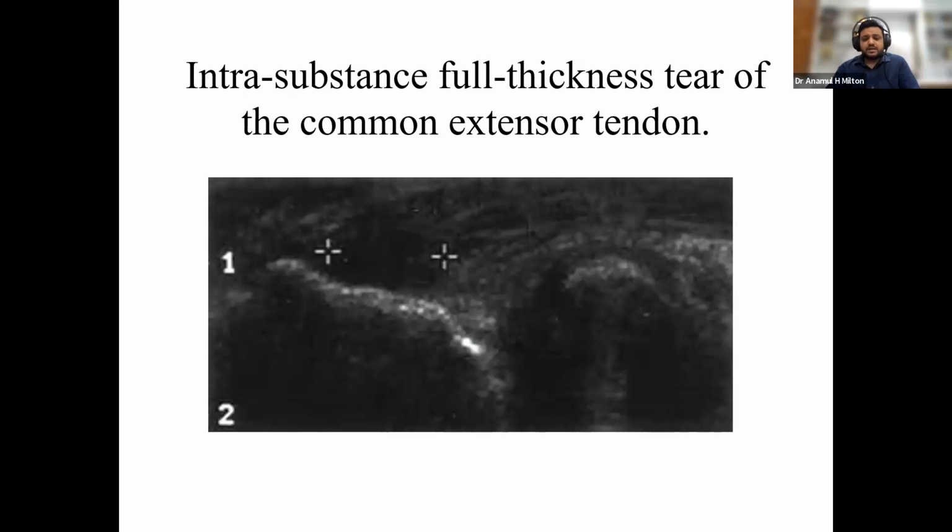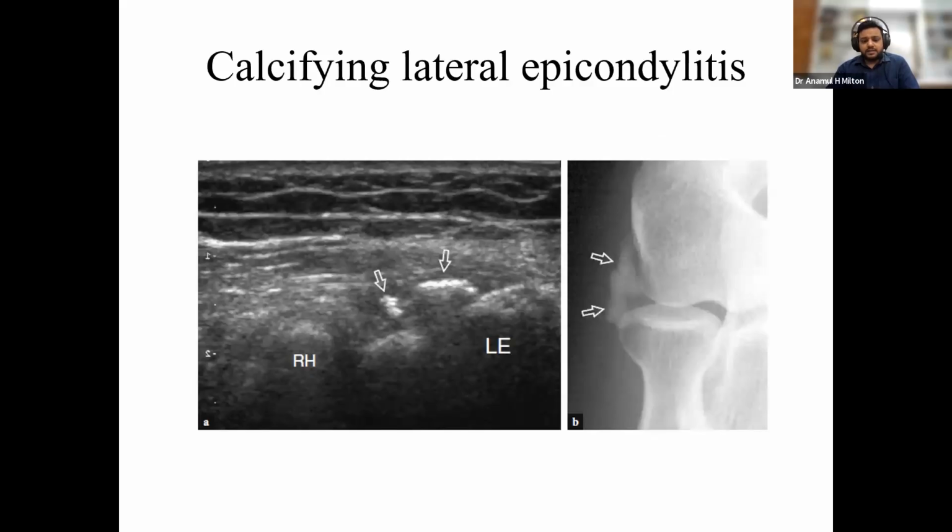Here we can see the full thickness tear of the common extensor tendon. And here we can see the calcification of the lateral epicondylitis, and you can also see it on the X-ray. We call it calcification because the sound beam cannot cross this area.